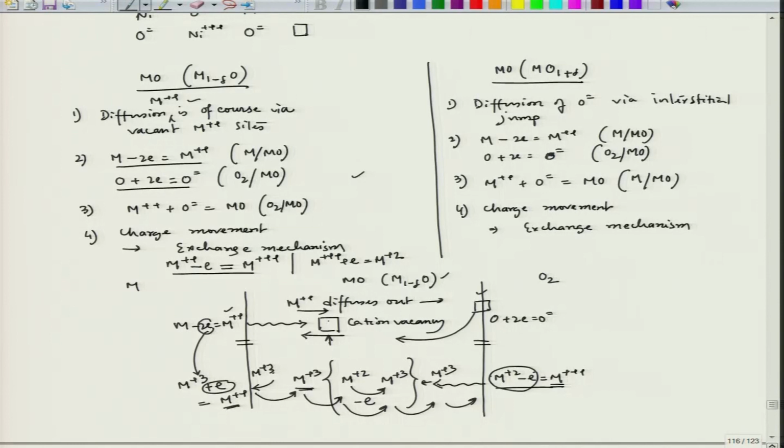Now, if a number of those vacancies combine with each other, then there could be a possibility of pore generation. So let us say this is a pore which generates due to the combination of migrating vacancies.